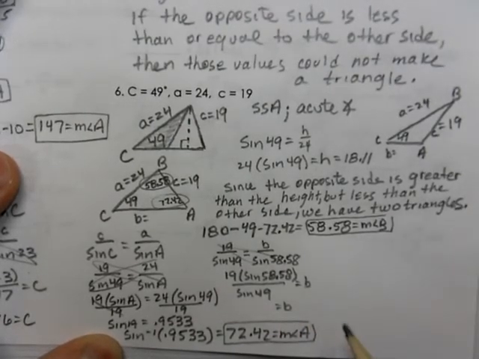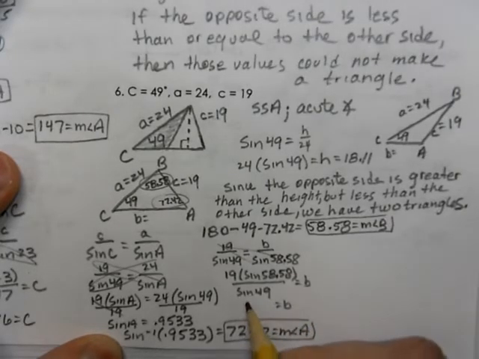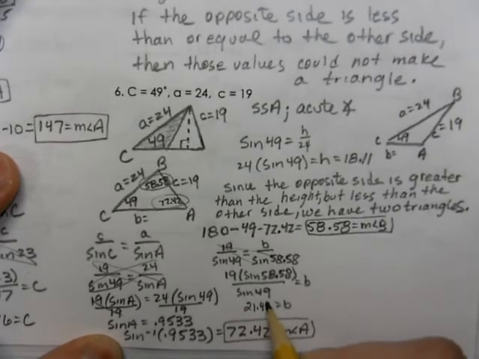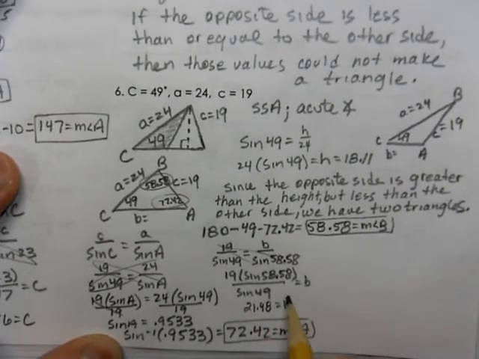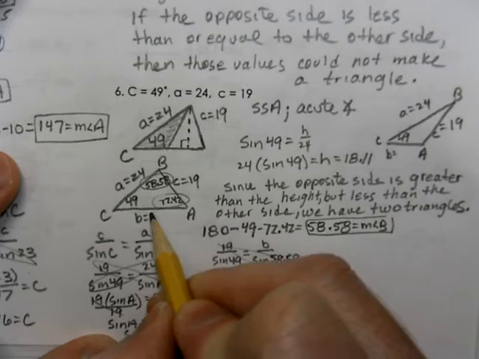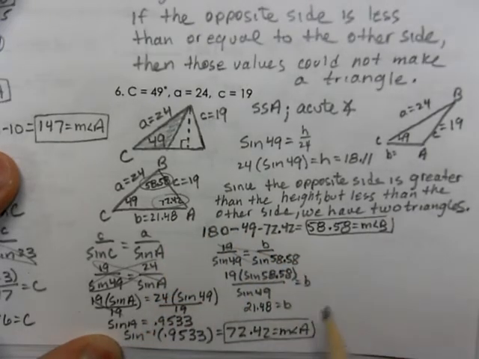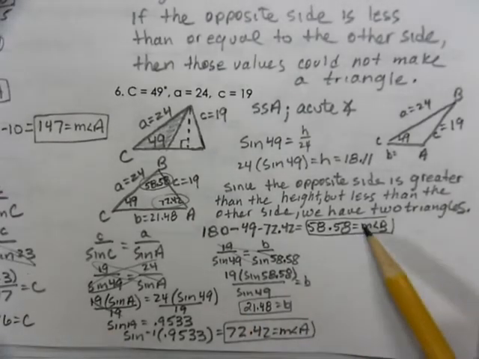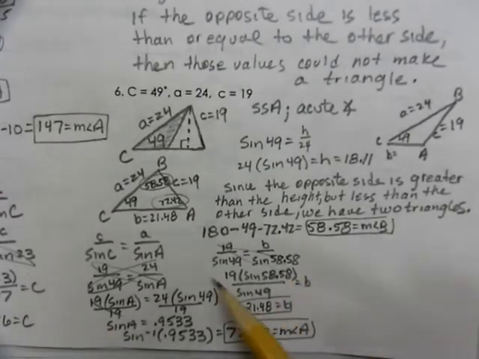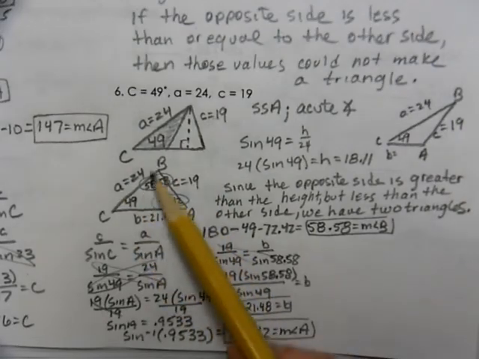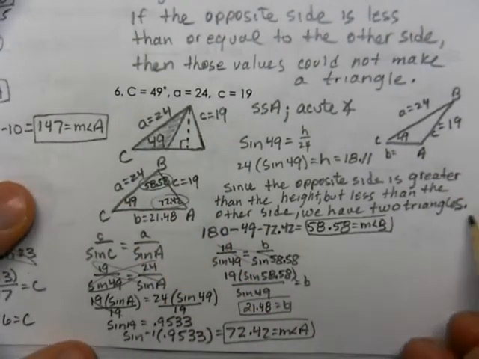We find out that this side B comes out to equal 21.48. So those are the missing parts to our first acute triangle.